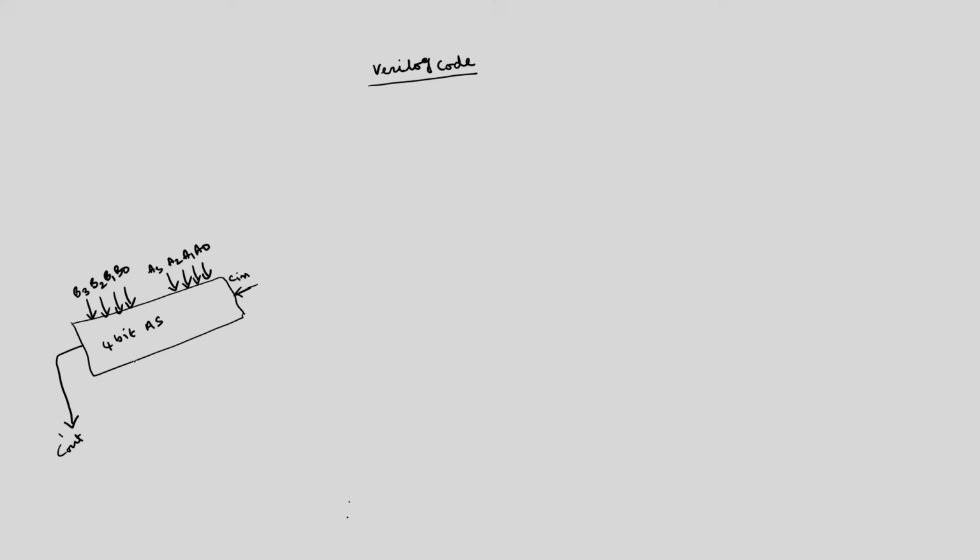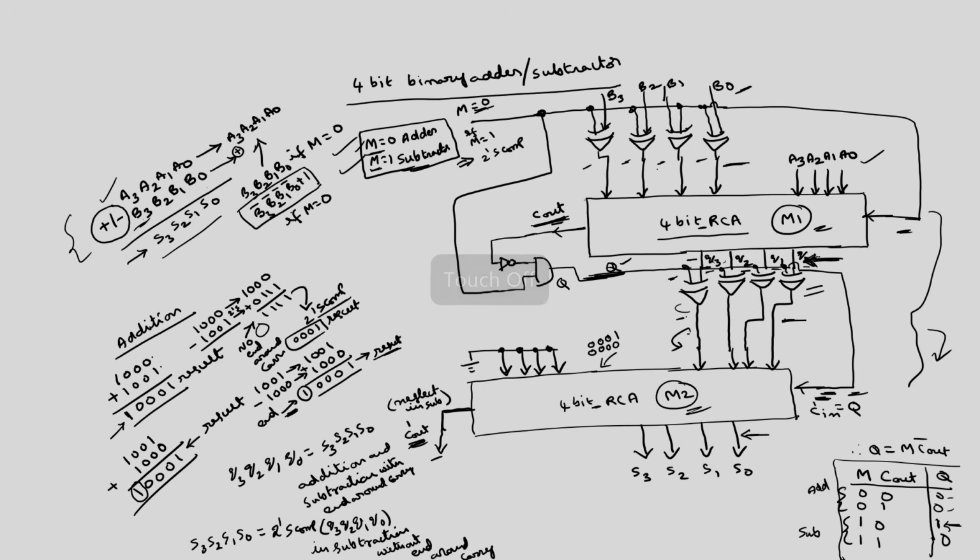And finally we will get S3, S2, S1, S0. This is equivalent to the circuit that we have derived. Inside that block we have this complete circuitry. If I assume this as a complete block, these are the 4 inputs of one set, and this is 4 inputs of another set. And M is also one control signal, I will include that M also.